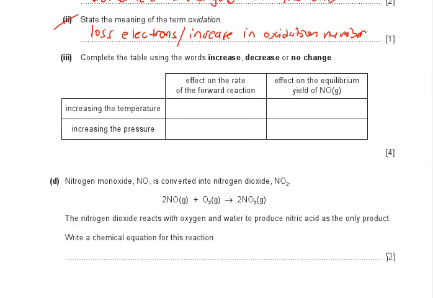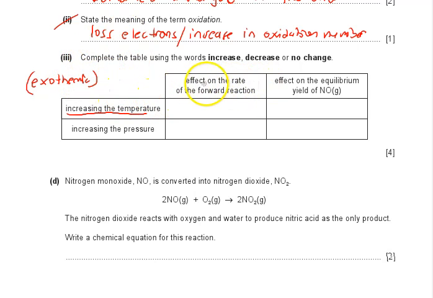Now at this part, complete the table using the words increase, decrease, and no change. When you increase the temperature, remember the process here is exothermic. It means the reaction is already releasing a lot of heat. So what happens if we increase the temperature?